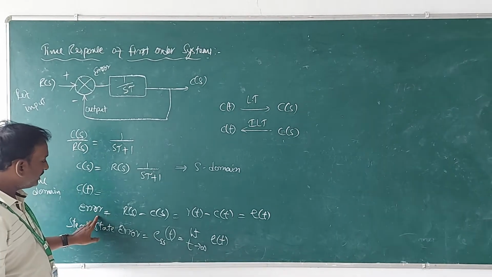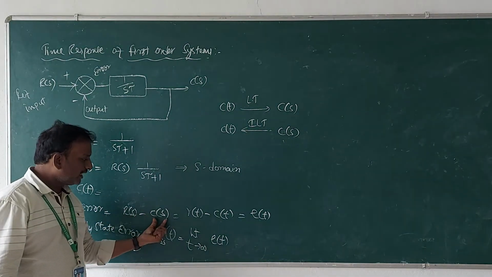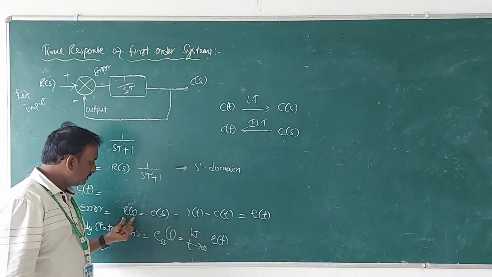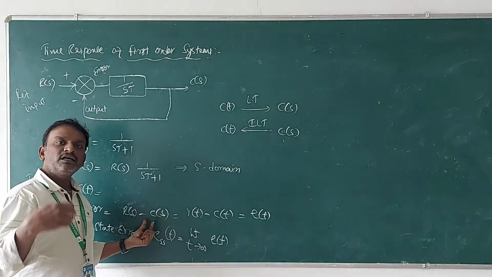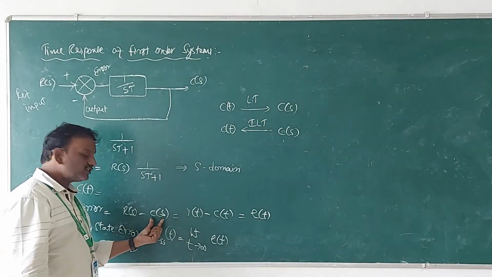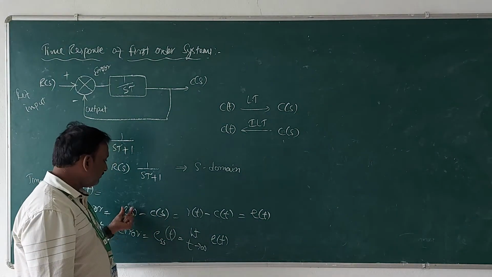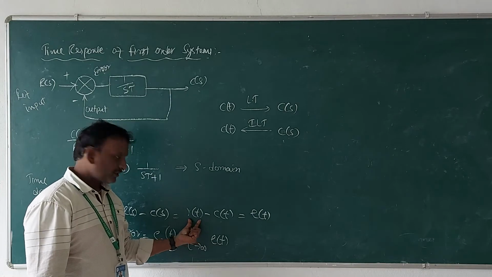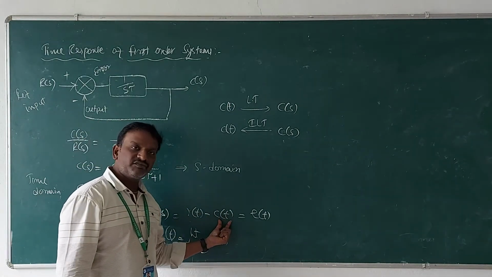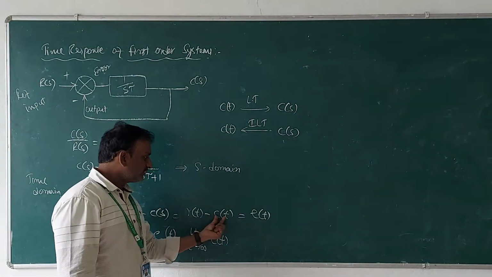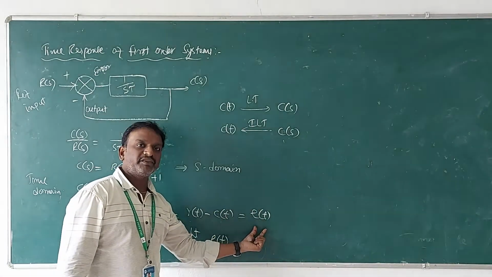How to determine the error? Reference input minus actual output. The difference between these two gives the error. This is in the s domain. In the time domain, R of s becomes R of t and C of s becomes C of t, so the difference between these two gives E of t, the error.